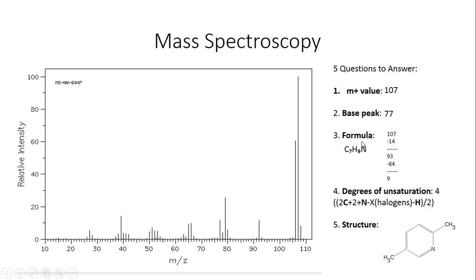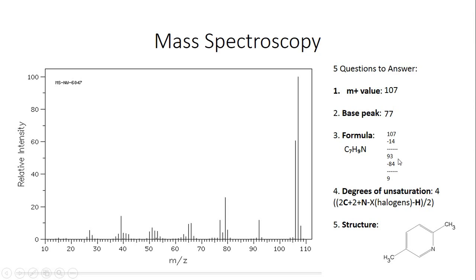Next, determining the formula is a little bit harder, but you use some simple math. So we start with the molar mass, which was also the M+ value. And if your M+ value is odd, as ours is, then we know that the compound contains nitrogen, so that's a pretty good place to start. So we will subtract the molar mass of one nitrogen atom, and that will give us 93.